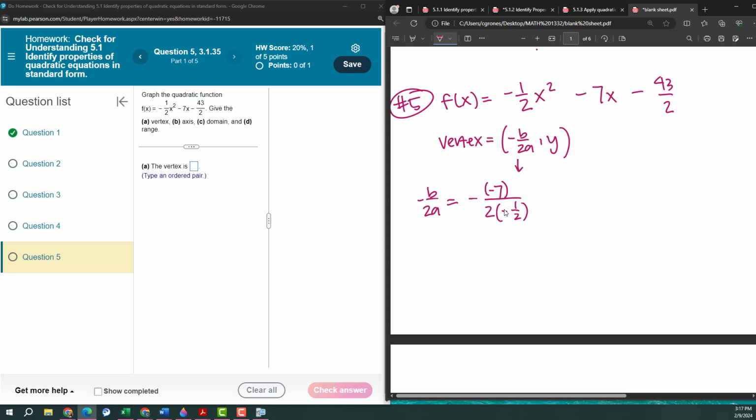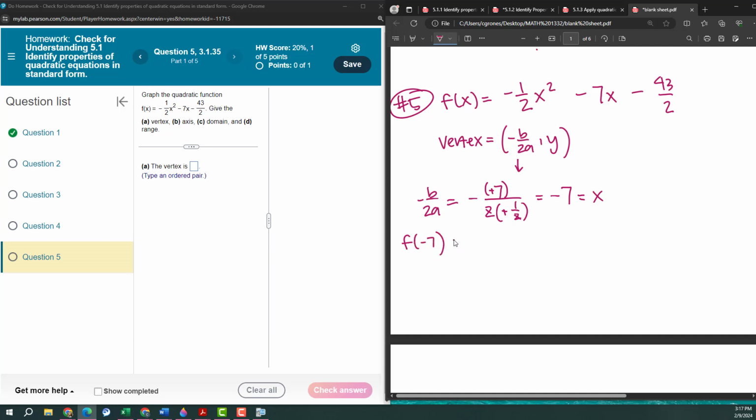So I'm going to cancel these 2 negatives out, and we are left with the 1 negative. And also I'm going to cancel our 2's out, because 2 times 1/2 is just equal to 1. So we end up with 7 over 1, which is just 7, and then we have to move our negative over. So in this case, x equals -7, and I'm now going to plug this in for x.